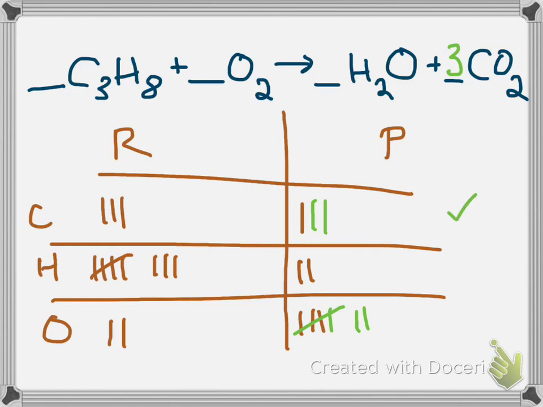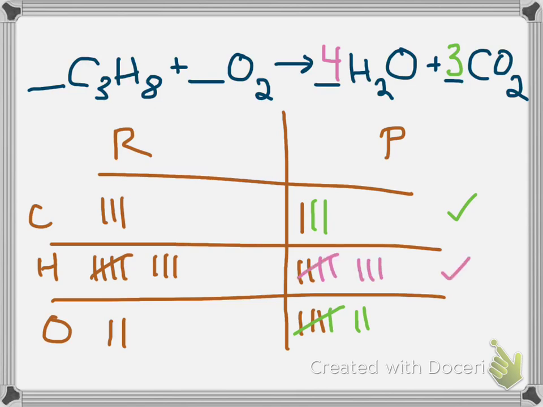So now I'm going to try to balance my hydrogens. I have 8 hydrogens on my reactant side and 2 on my product side. So since this is H2, I know I need to put a 4 here because 4 times 2 will give me 8. So that would be 8 hydrogens.